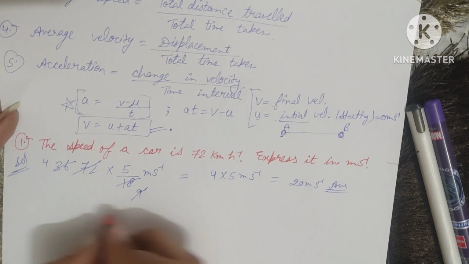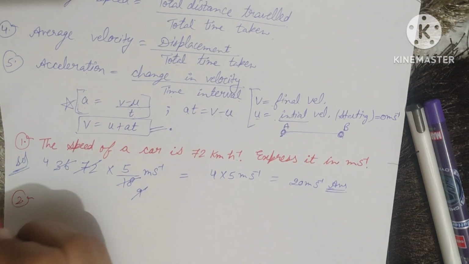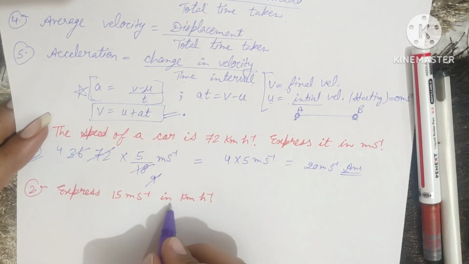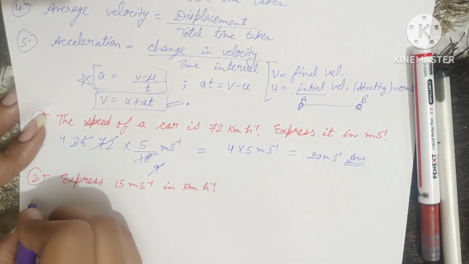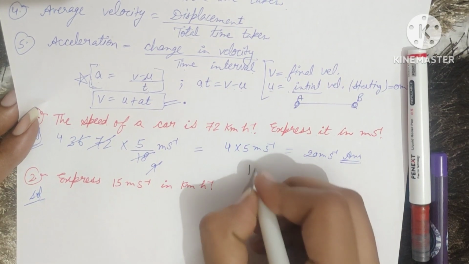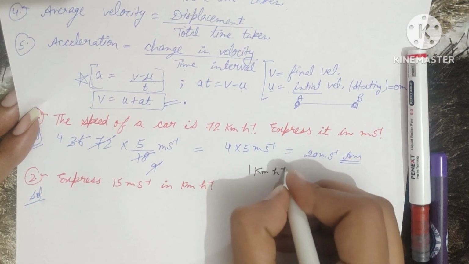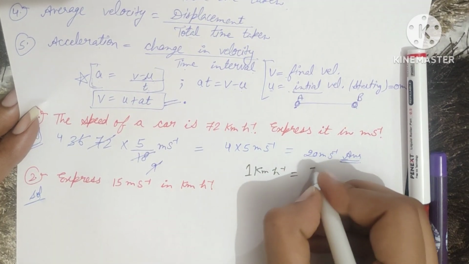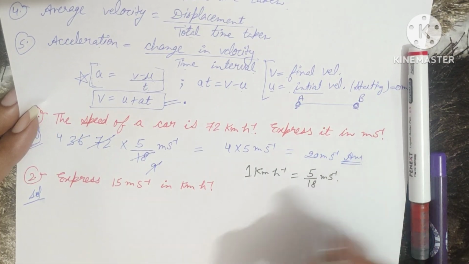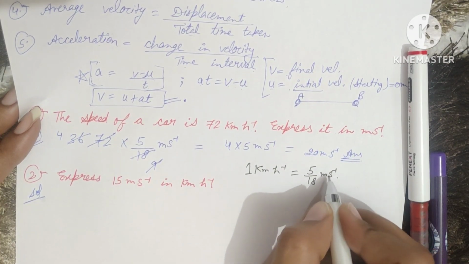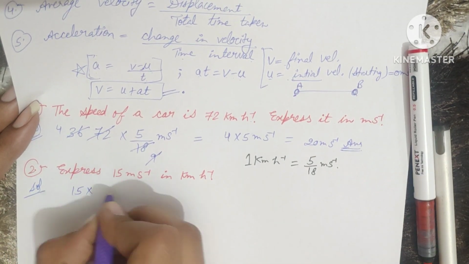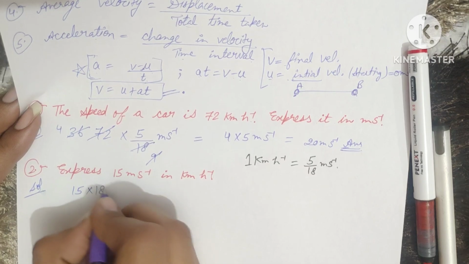The next numerical is: express 15 meter per second into kilometer per hour. As we know that 1 kilometer per hour is equal to 5 by 18 meter per second, if I want to convert from meter per second to kilometer per hour, I need to multiply the 15 with the reciprocal of this, with the opposite of this.